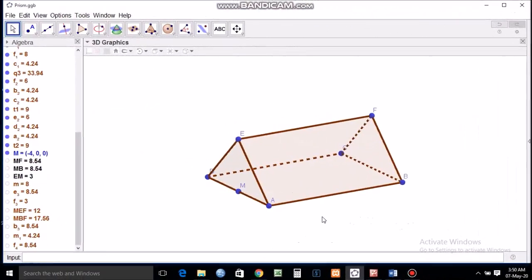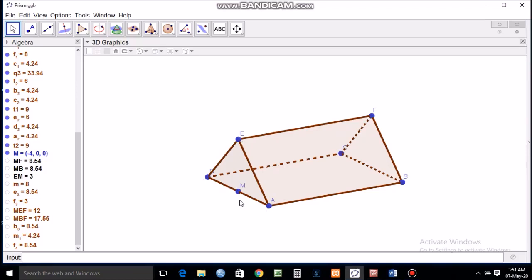Welcome back. Now, I hope you have drawn the prism in your exercise book. There is further information that I would like to give you. Point M is on AD, so that M is the midpoint. Remember also that DE equals EA, such that the triangle AED is isosceles.